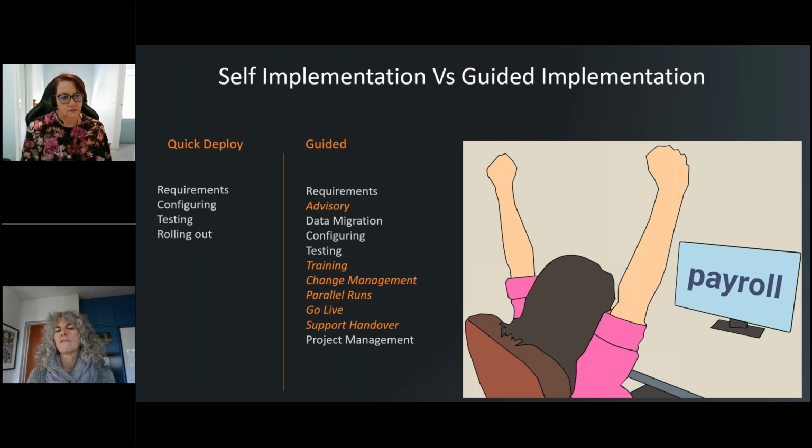One of the biggest differences with the quick deploy is that a lot of the effort sits with you as the customer, versus a sharing approach with the vendor. The one we're going to talk about today is the guided implementation process, so a lot of what we're sharing is what you would expect to do, see and be involved with as part of that.